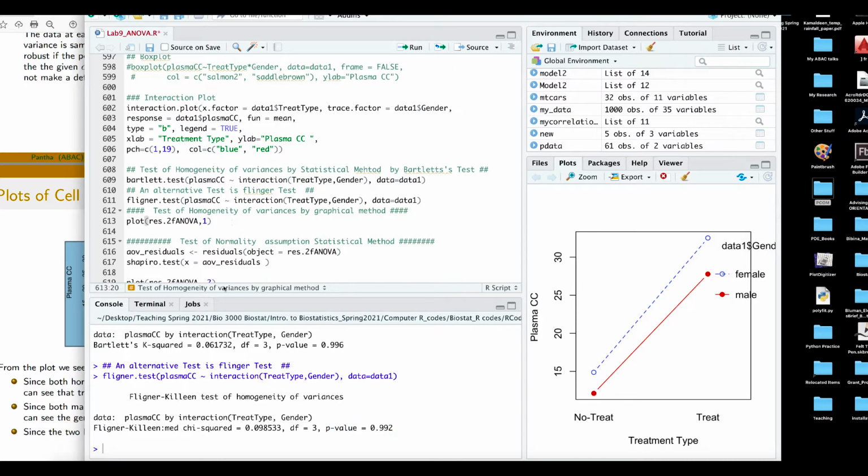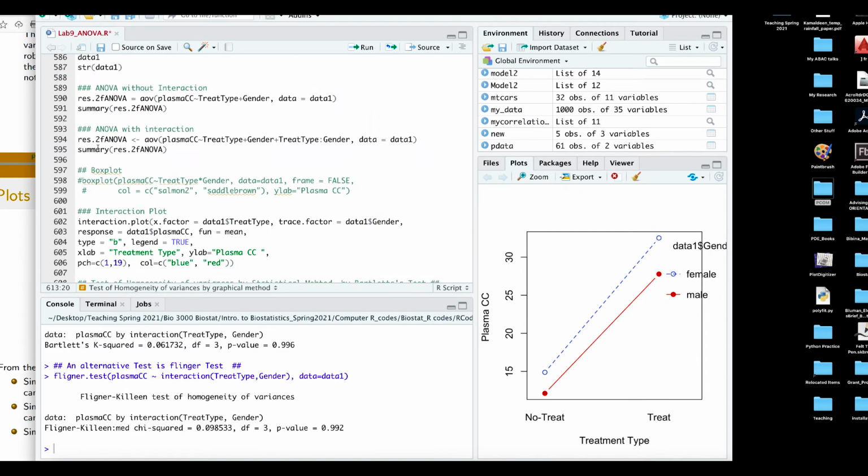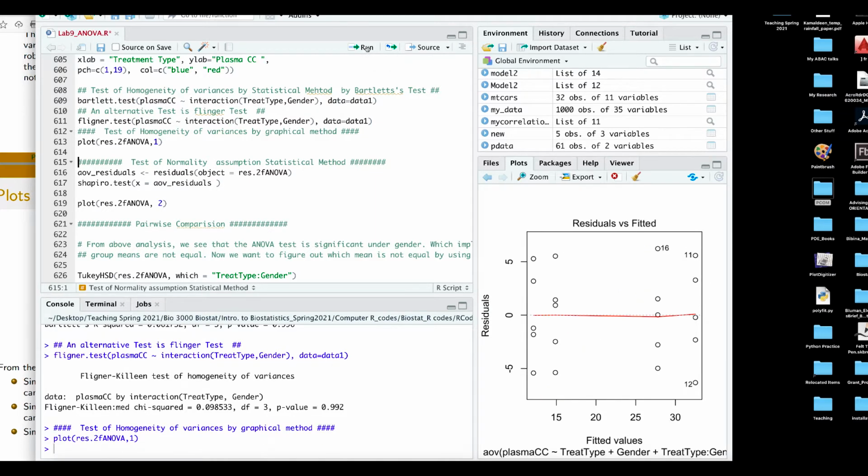So if you want to plot for the homogeneity of variance, what we do is plot the result of the ANOVA. That will basically plot the residuals versus the fitted values.